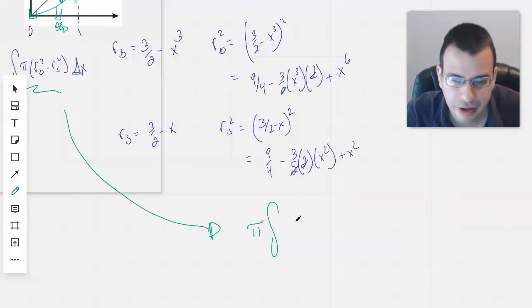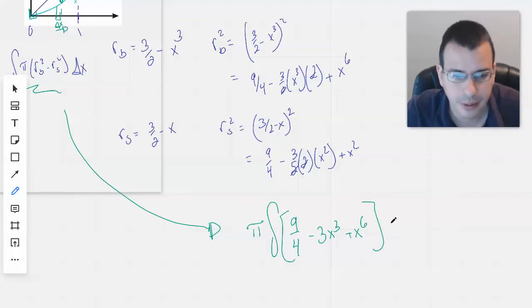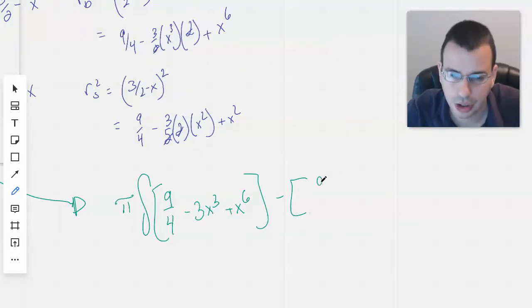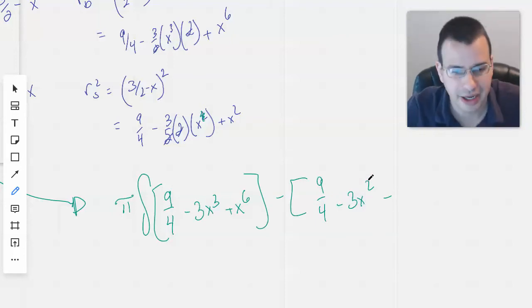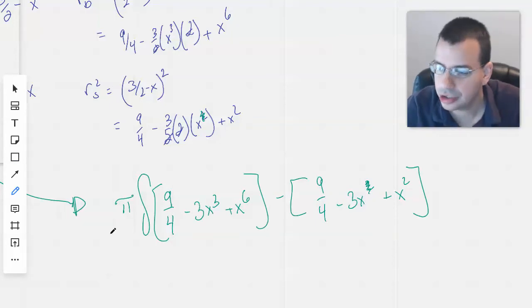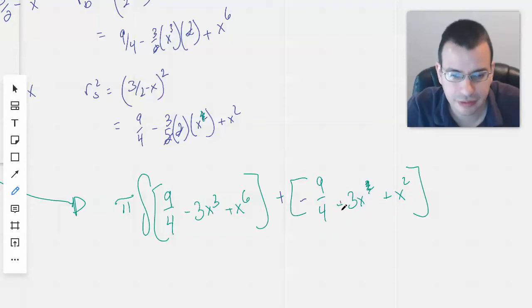So we have 9/4 minus 3x cubed plus x to the 6th, minus quantity. Looks like we're going to do a lot of power rule as well. 9/4 minus 3x plus x squared. And it makes sense that we have a negative. And then we're going to distribute the negative.